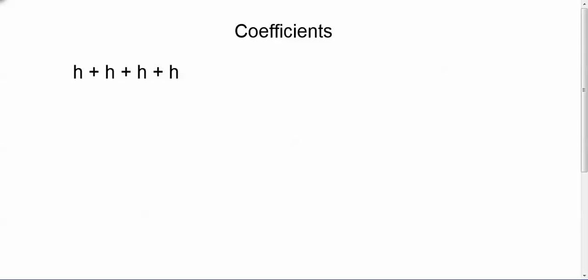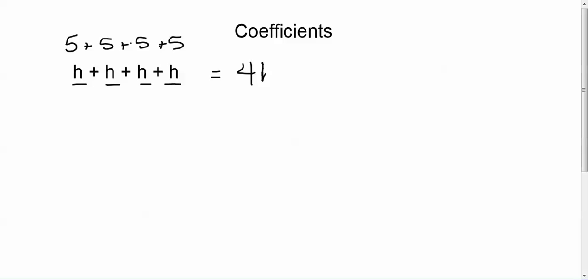So anyway, we're going to go on to the next thing you need to know, which is coefficients, which means multiplication in the math world. So if you were adding, say h was 5, 5 plus 5 plus 5 plus 5, you would have 4 times 5, right? 4 groups of 5. We have 1, 2, 3, 4 groups of h. So another way of writing that is through multiplication.